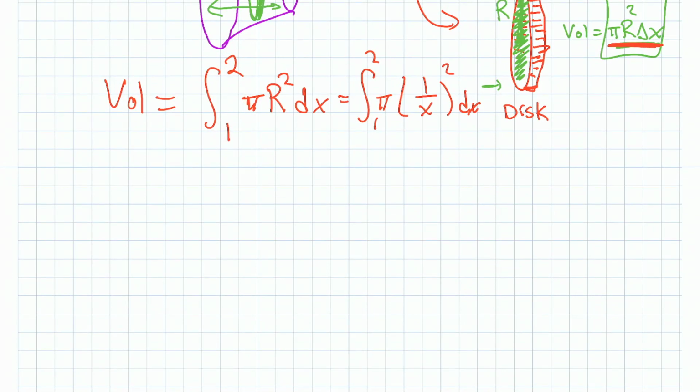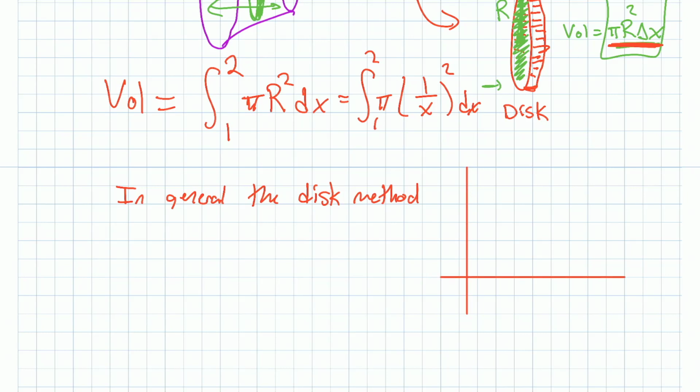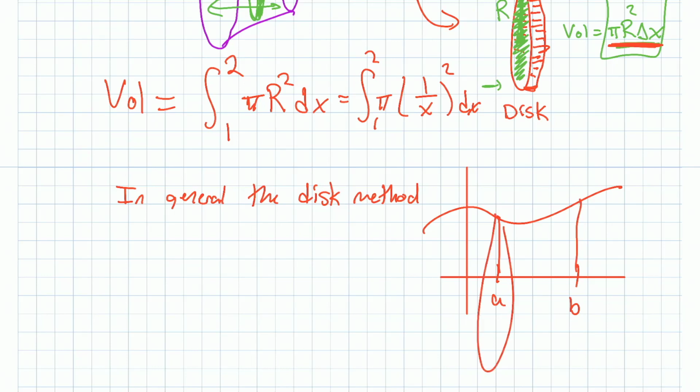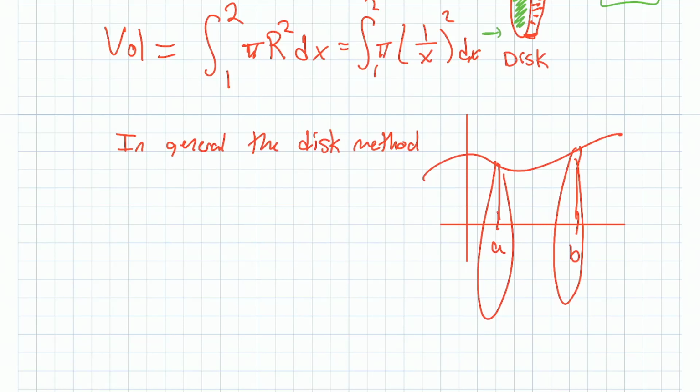Okay, so in general, the disc method: you've got your curve wherever it is, you have your a, your b, you can rotate it around the axis. That looks terrible, but you know.